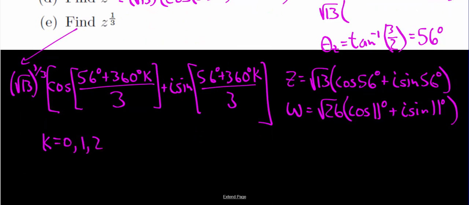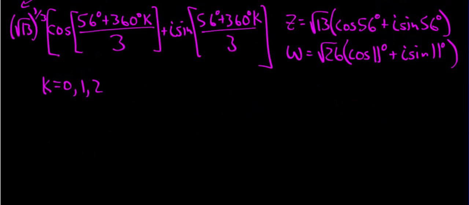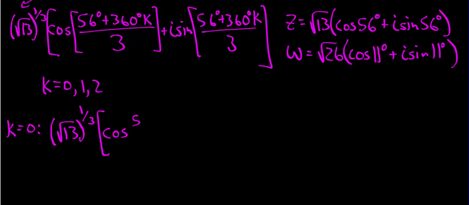See? So what we do is we're going to get these 3 roots. First of all, here's the first root, when k is equal to 0. We've got the square root of 13 to the 1/3 power, and then cosine of 56 over 3 plus i sine 56 over 3.